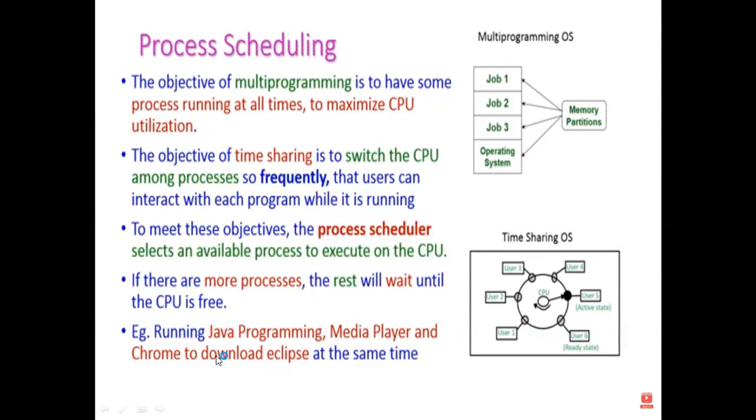For example, a user is running a Java program, and another task is listening to music using the media player, and the third task is downloading software using the Chrome browser at the same time. If the user wants to do all these three tasks at the same time, some processing needs to be done.